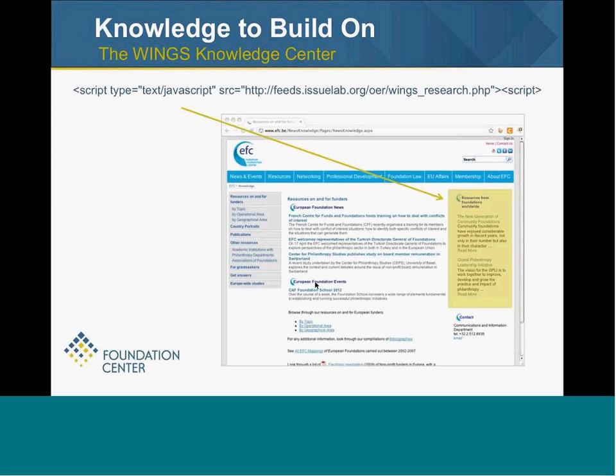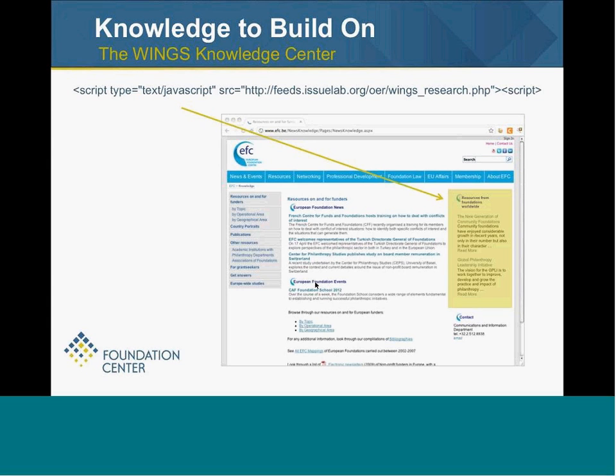You'll see at the top of the screen there's just a single line of code that your developer, your web person, or whoever helps maintain your website can drop into the page. What it does is bring in the recently added titles from the Wings Knowledge Center directly into your own website.